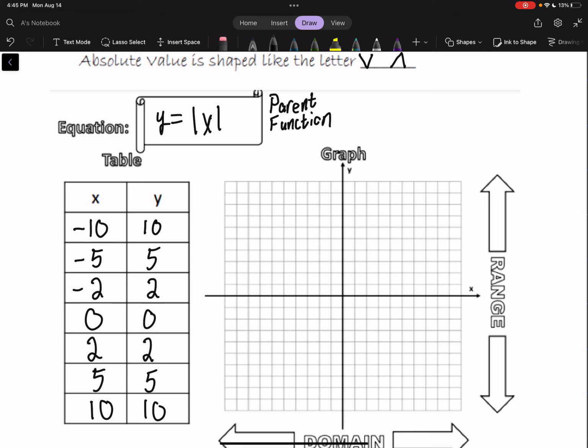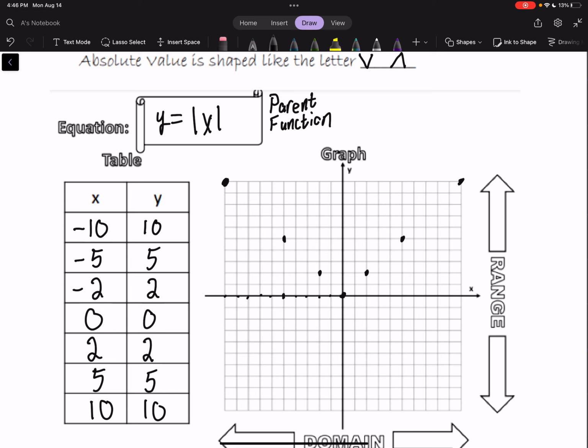So, to graph this, starting at -10, so 1, 2, 3, 4, 5, 6, 7, 8, 9, 10. We're going to go up 10. At -5, up 5, 2, 2, 0, 0, 2, 2, 5, 5, 10, 10.